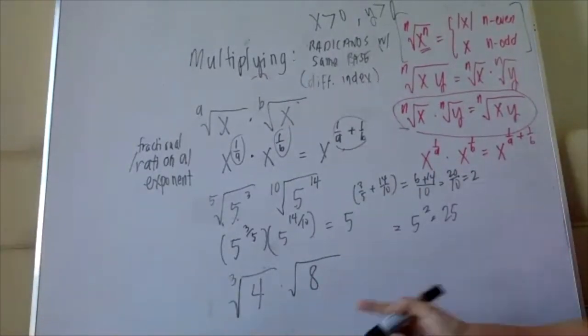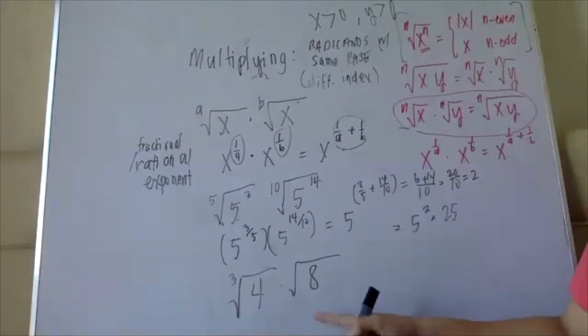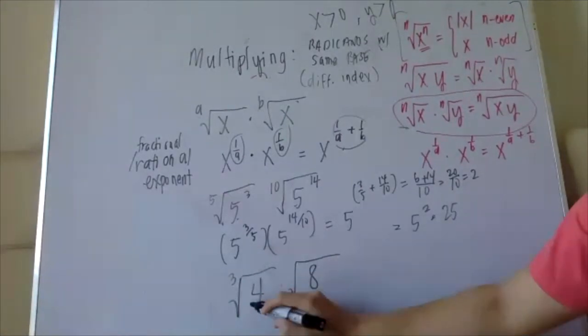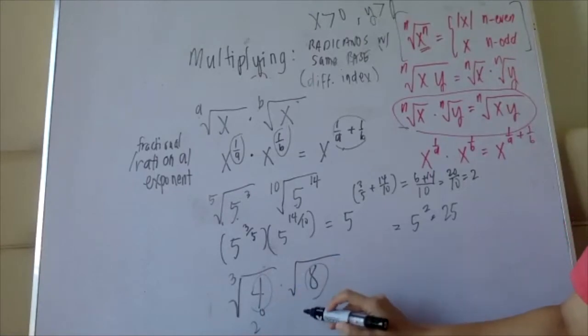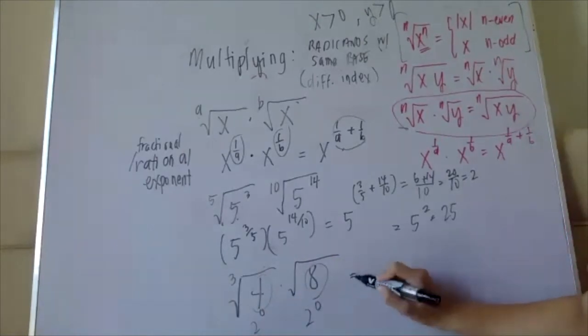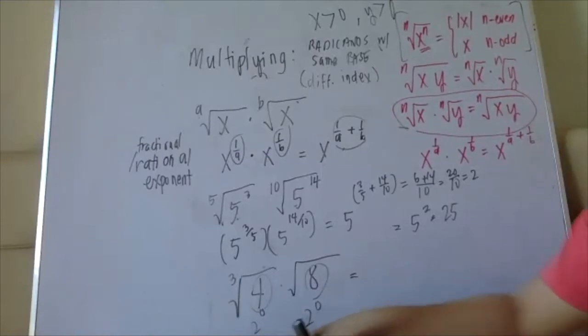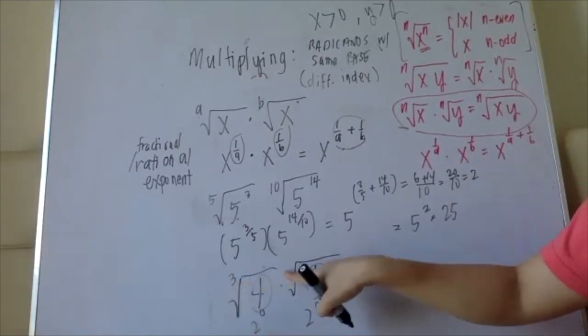Okay? Pareho silang pwede mong ma-express as 2 raised to something. So, para magkaroon ka, kasi yung goal mo, pareho yung base mo. Since magkaiba yung index mo.